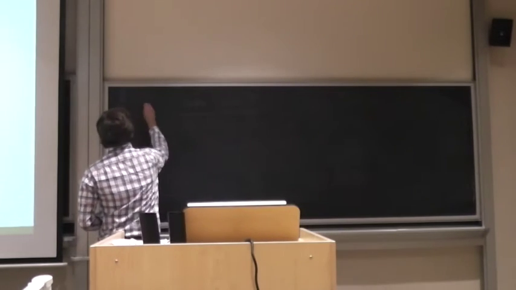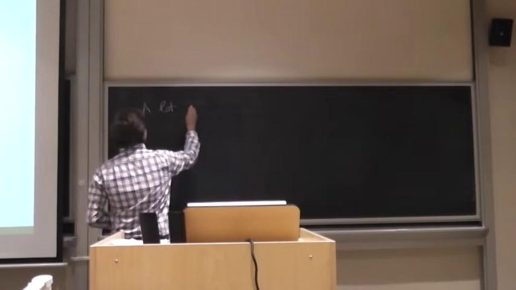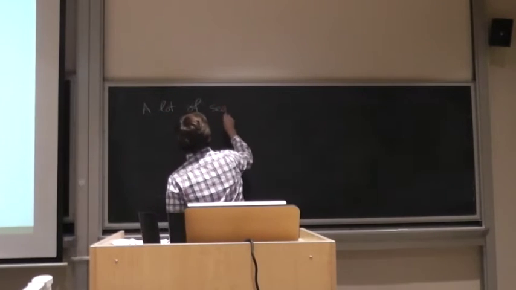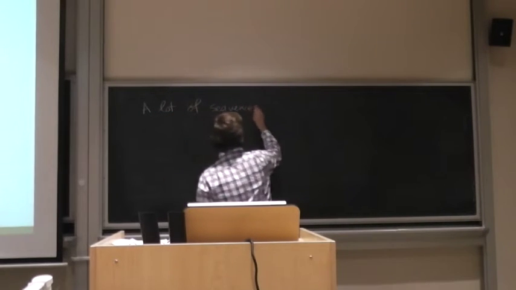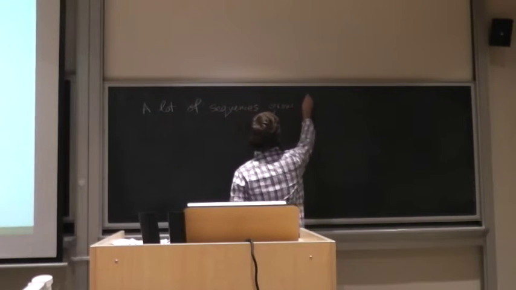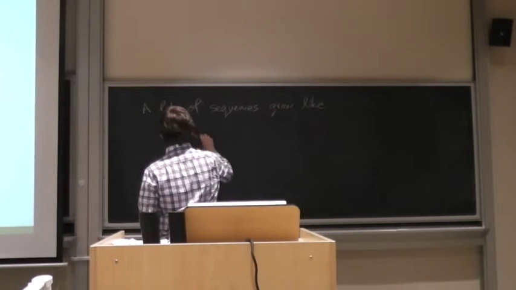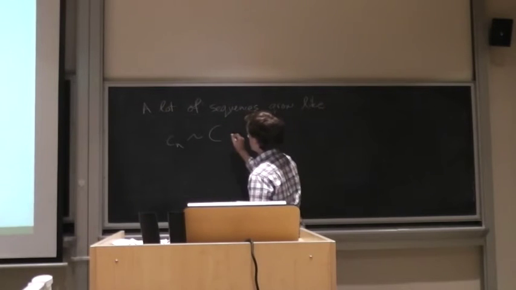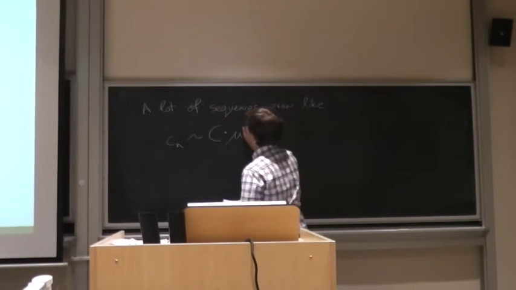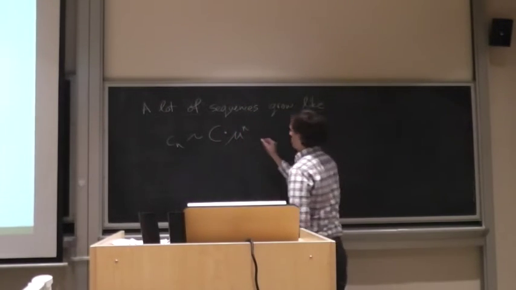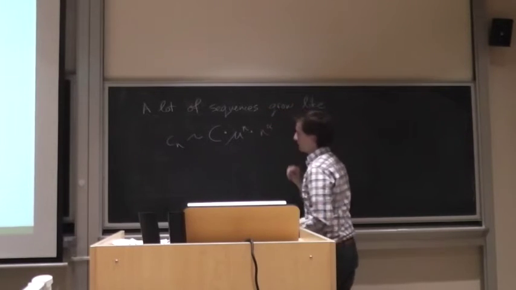Once you pick your ansatz, then you can check if it fits. For asymptotics, there's a particularly simple one. A lot of sequences grow like C sub n is asymptotic to a constant times an exponential component mu to the n times a polynomial coefficient n to the alpha.